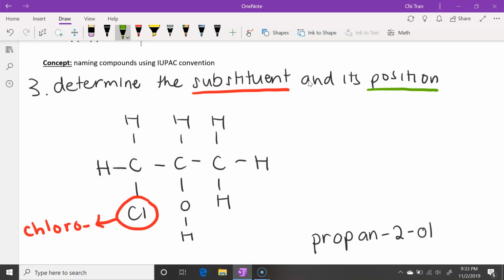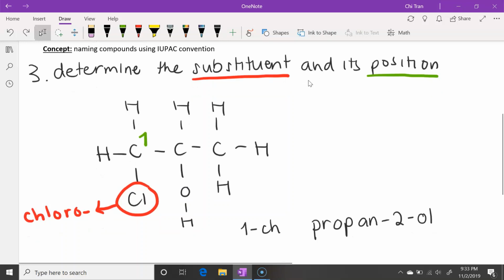So its position is on the first carbon. So in the name, we should add 1-chloro, and then we have the final name of this organic compound.